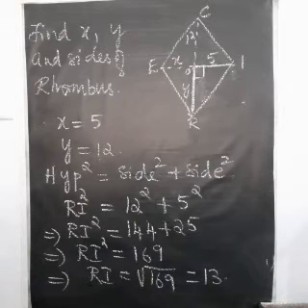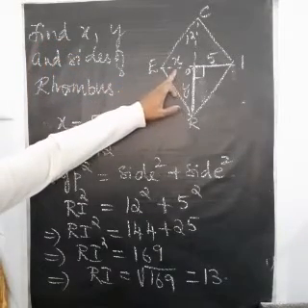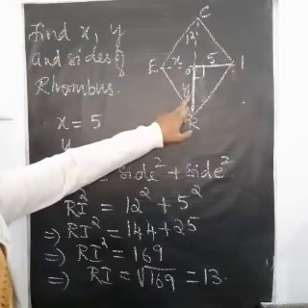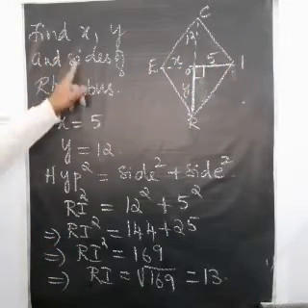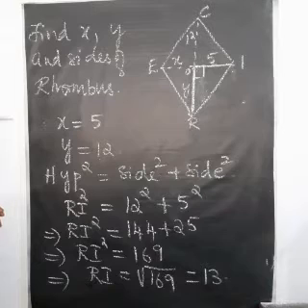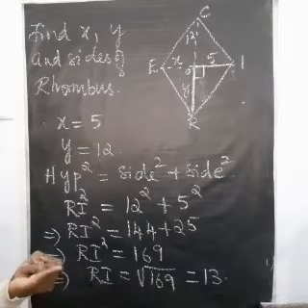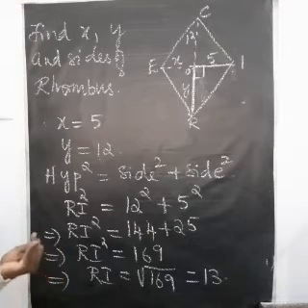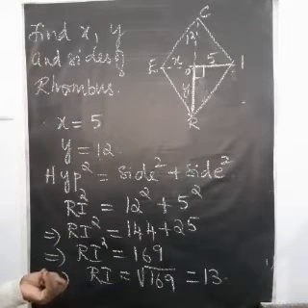So let us see how this sum goes. We'll recap it. Now they have said there's a rhombus where x is given here, y is given here, and 5 and 12 are given here. We have to find x and y and the sides of the rhombus. The first property of a rhombus is that all sides are equal. The second property is that the diagonals bisect each other at 90 degrees.